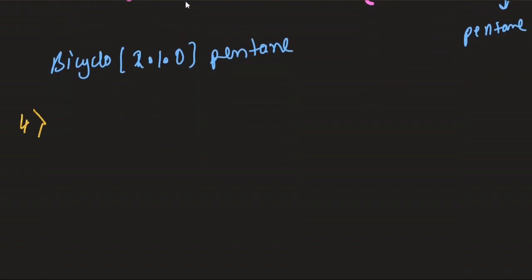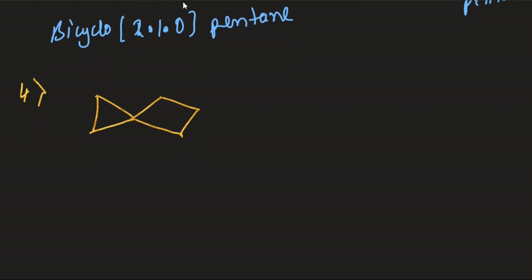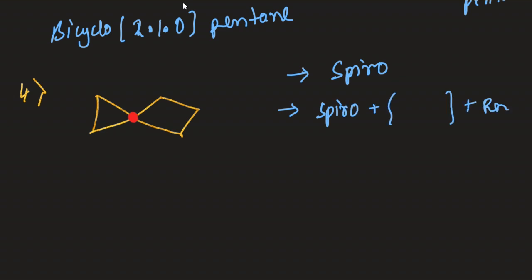Next, fourth one. Right. In this structure, you can see that the two rings are joined by only 1 point. So hence the structure belongs to a Spiro compound. How to write the IUPAC name for a Spiro compound? Spiro plus bracket plus root word. How to get the root word? By numbering.